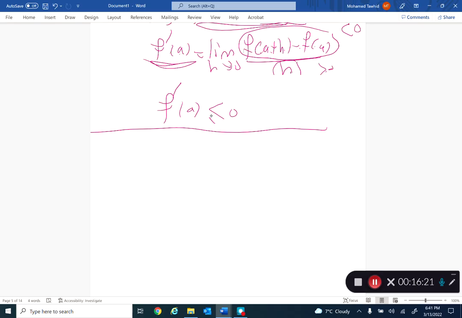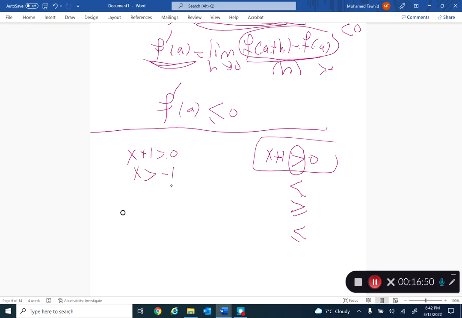If I ask you to solve x plus 1 greater than 0, that is not an equation, that's called an inequality, whether it uses greater than, less than, or greater than or equal. To solve it, x plus 1 greater than 0 means x is greater than negative 1. Take 1 to the other side and it becomes negative 1.